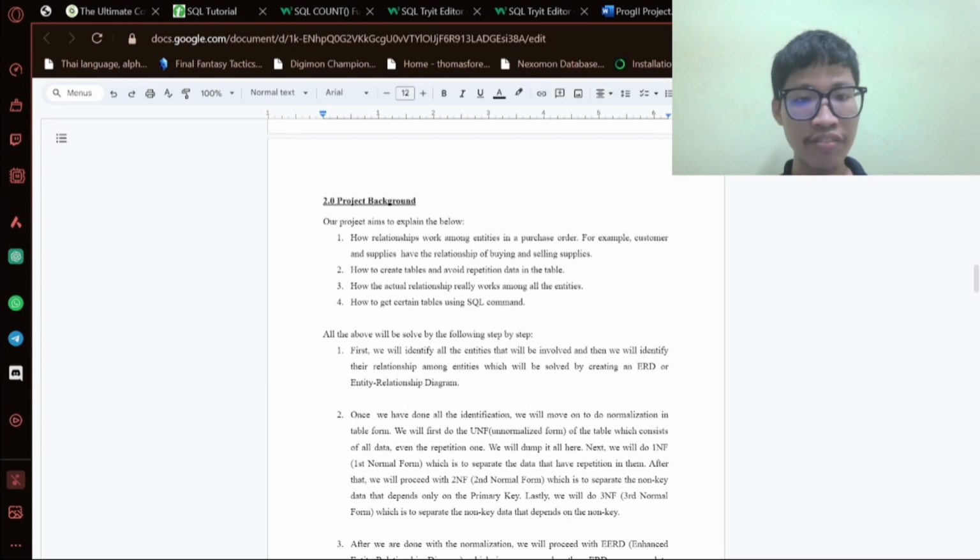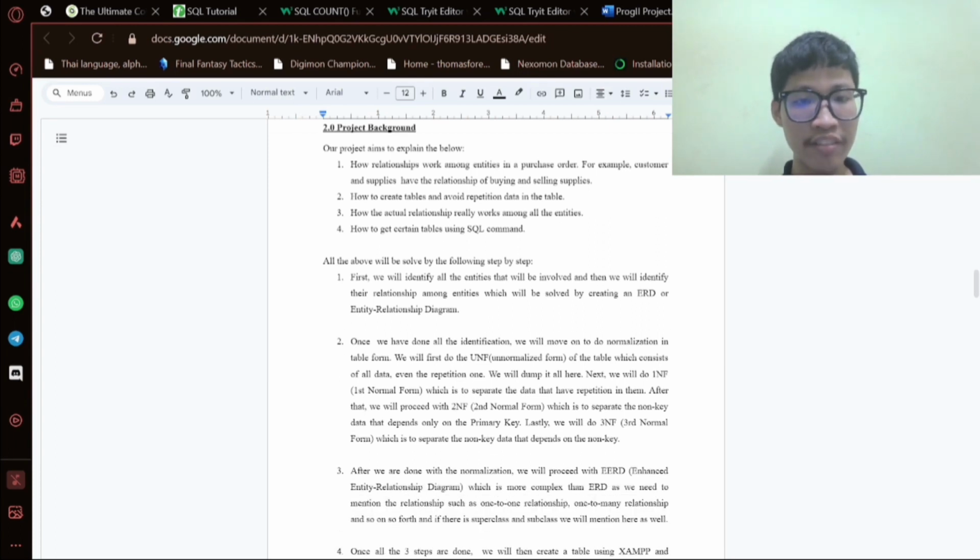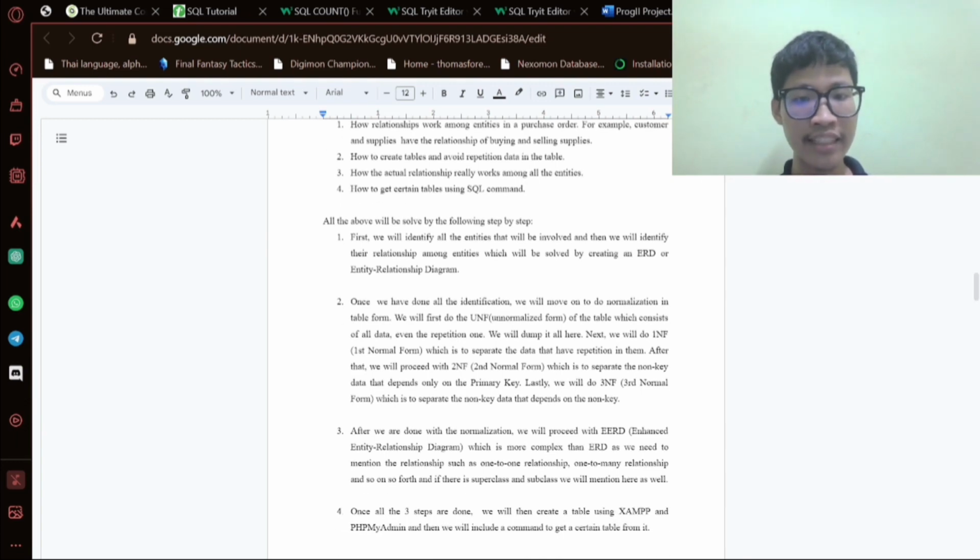So how do we solve the above issue? First, we will identify all the entities that will be involved, and then we will identify their relationships among entities, which will be solved by creating an ERD or entity relationship diagram. Next, after we've done all the identification, we will do normalization. We have four types of normalization, which are unnormalized form, first normal form, second normal form, and third normal form.